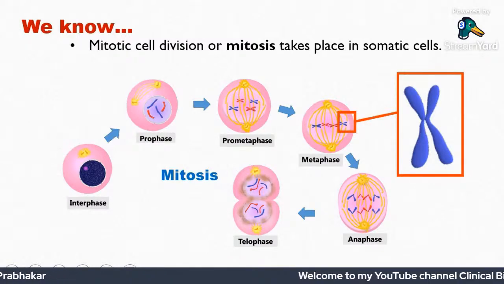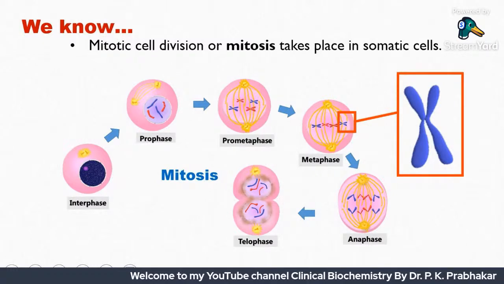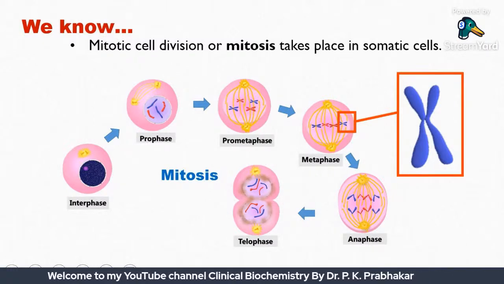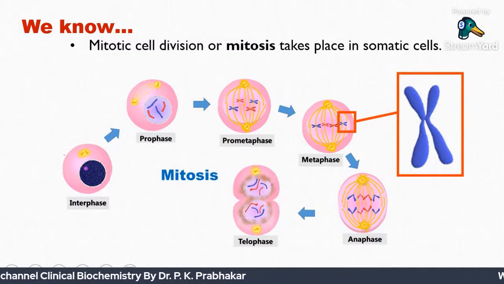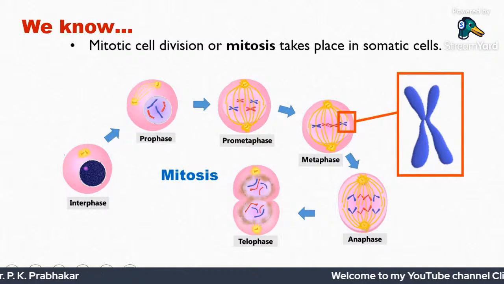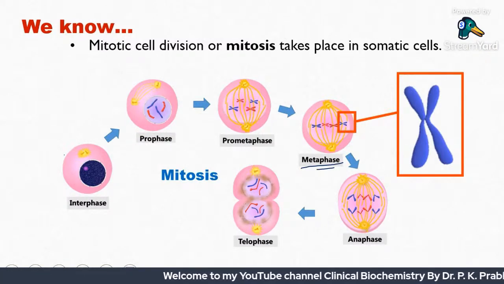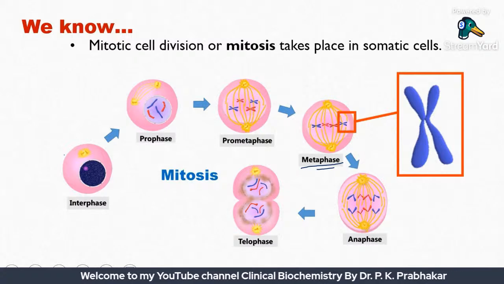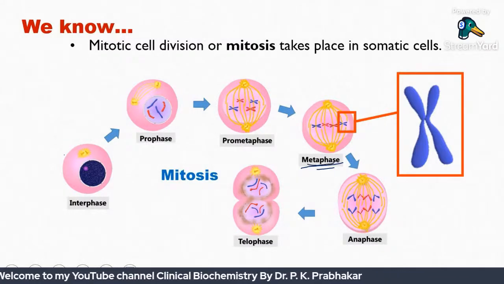After telophase, the cell divides and again enters the resting phase, or interphase. The chromosome number duplicates in interphase, and the most condensed, most visible structure of DNA is in metaphase. That's why we use metaphasic DNA for our study. Here the chromosomes are most prominently visible.